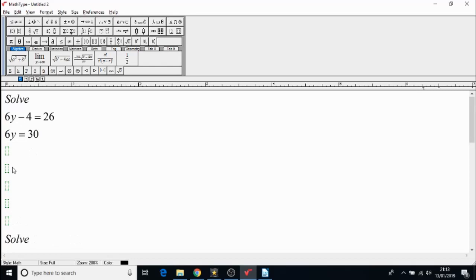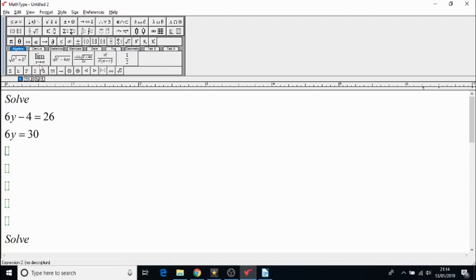You're not done yet. Now we still need to get y solely on its own. We've got 6y, so we need to divide 6y by 6. But what you do to the left-hand side, you must do to the right-hand side.